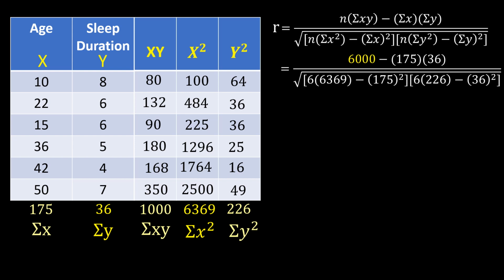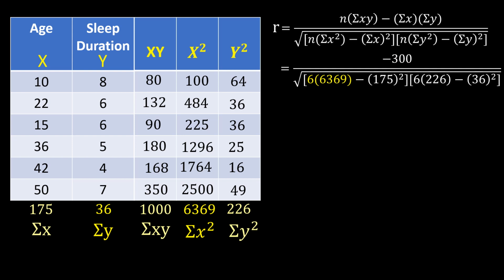So that's 6,000. Next is 175 times 36. So that's 6,300. And then we are going to subtract the top: 6,000 minus 6,300. That will give you negative 300.